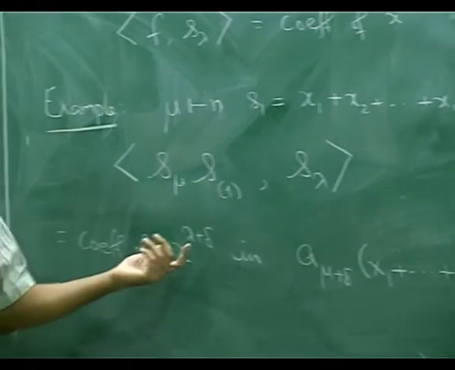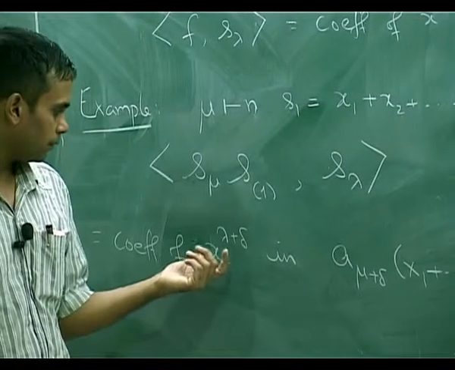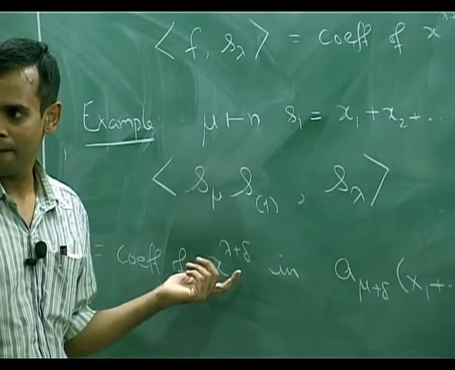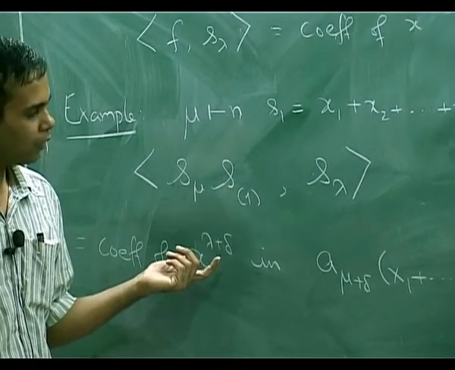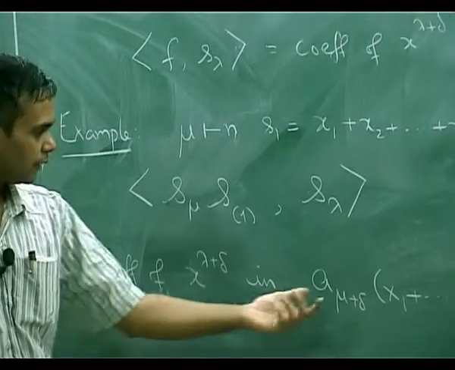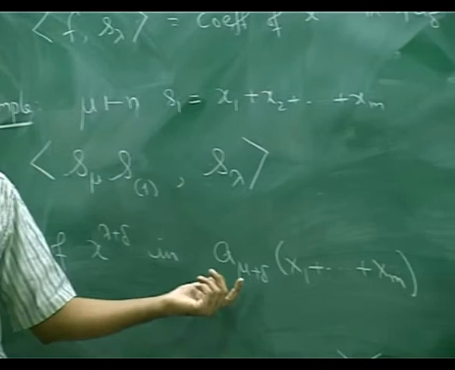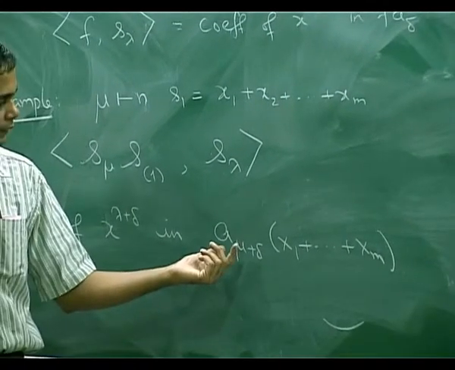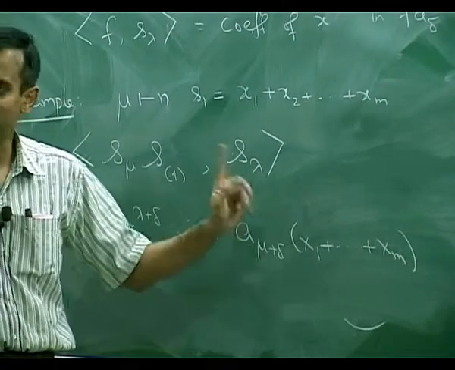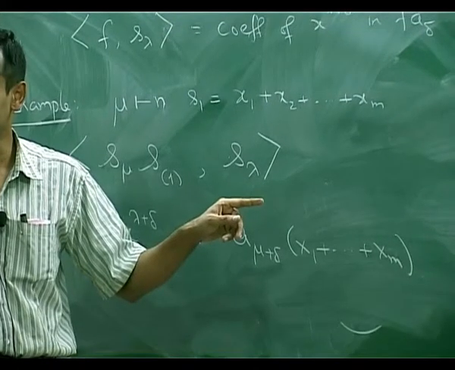Okay, this is a strictly decreasing monomial, and how can I get monomials in this product? I would take a monomial here and just increase the power of one of the x's by 1, right?